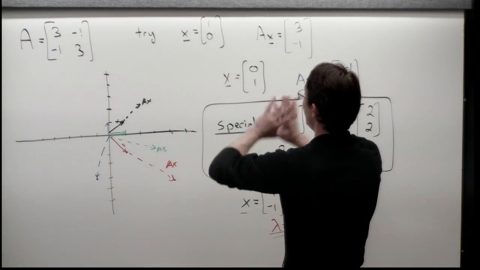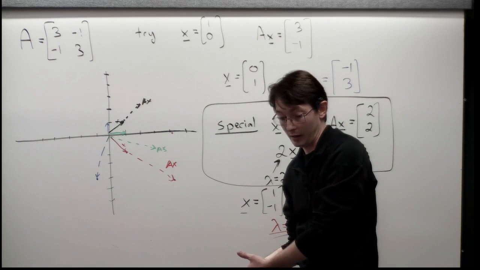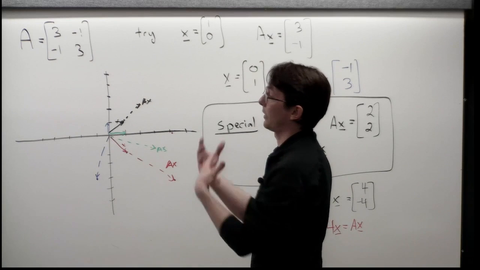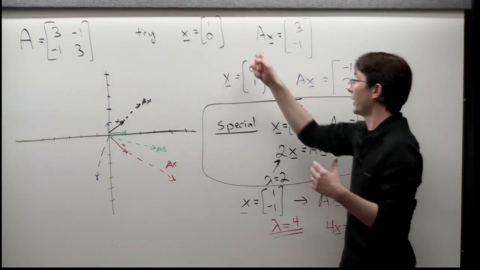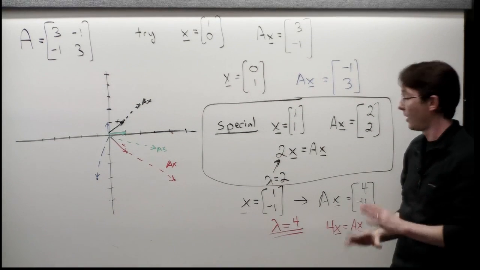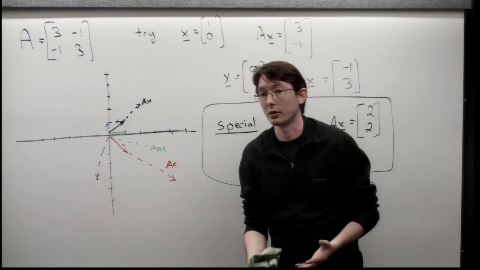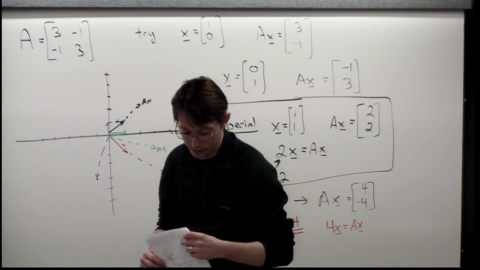So this gives us a geometric feeling for what these special vectors and special values mean. And now we're going to go back and see how we would calculate them. I basically was just trying vectors until I stumbled upon my special eigenvectors. But we really would like to know how we determine these without just guessing. So that's what we're going to do now.